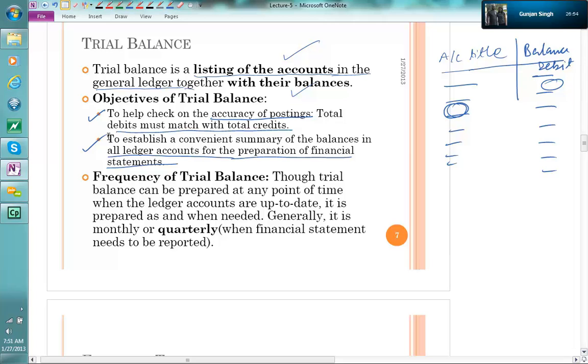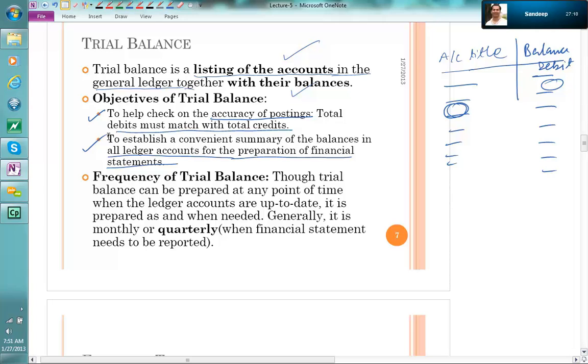Just write a line of code which will pick all the relevant balances from the accounts, once the entry has been made at all the proper places and the complete posting has been done. After that you can create a trial balance.